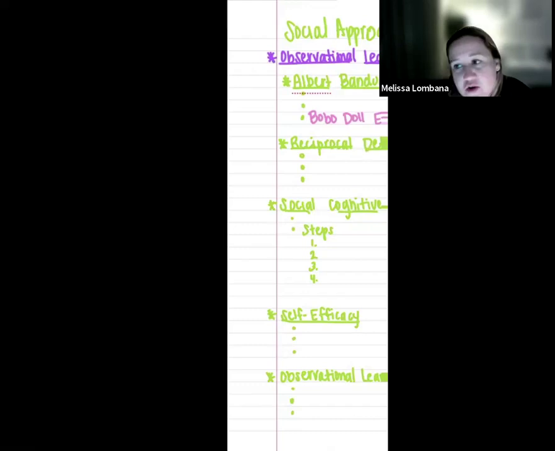And then we go to social cognitive theory, okay, which just basically means that we learn our behaviors by observing others as well as with operant conditioning, which has to do with the reinforcers and punishments. So it's kind of like a combined essence, but just think social cognitive theory.